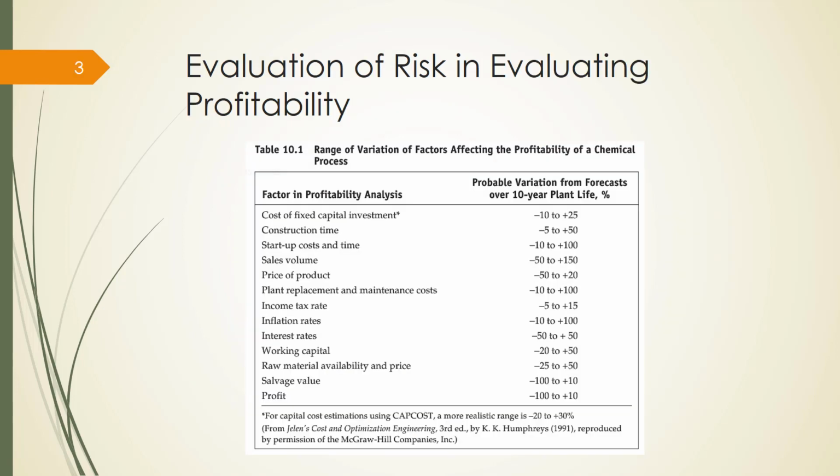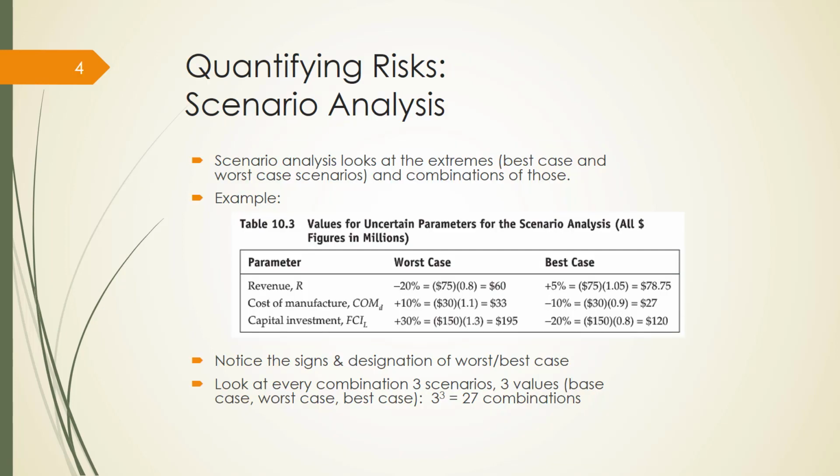And if you go back and look at this slide again, what you see is that I have an awful lot of variables. And if I limit myself to only base, best, and worst case, I get a lot of combinations possible. Now, the reality is I only want to look at the one that's the combination of all of the worsts and all of the bests and the base in practice.